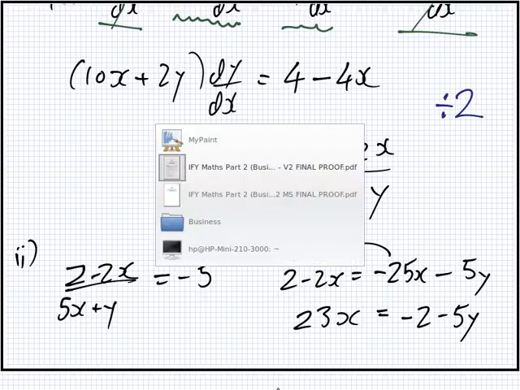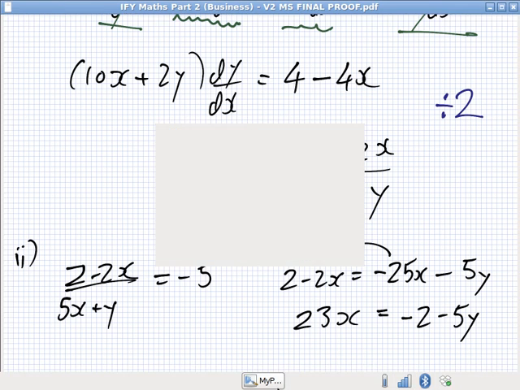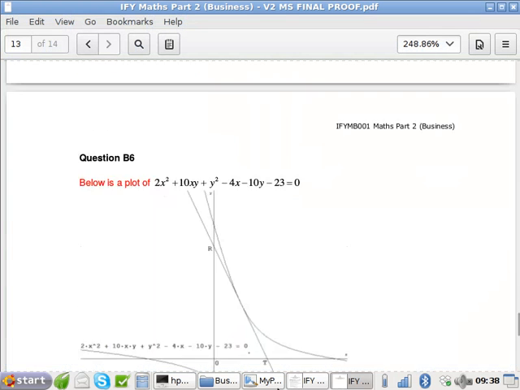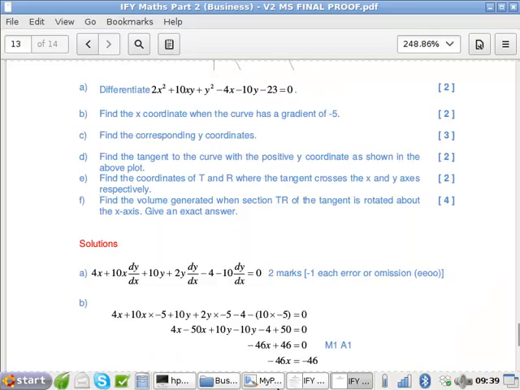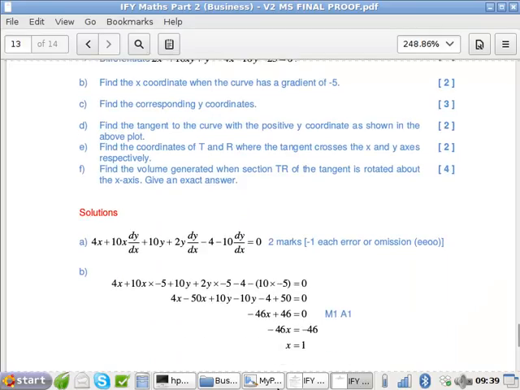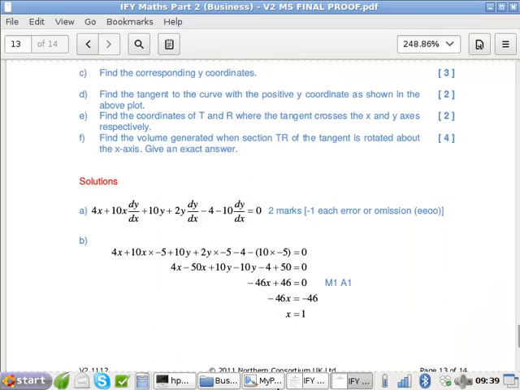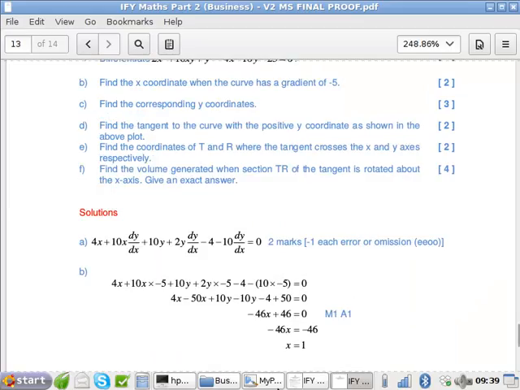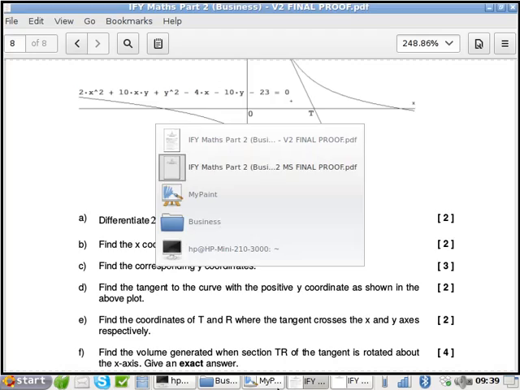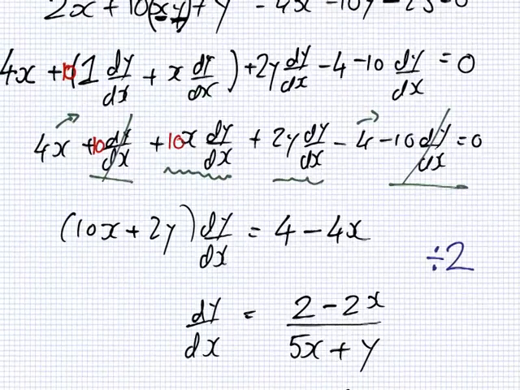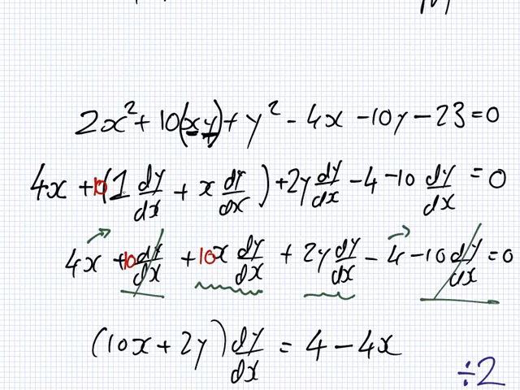I just wonder if I made a mistake in the last one. Let me just check the answer. Check. Yeah, 10xy, this one is 10x dy/dx plus 10y. I lost something with my 10 here.